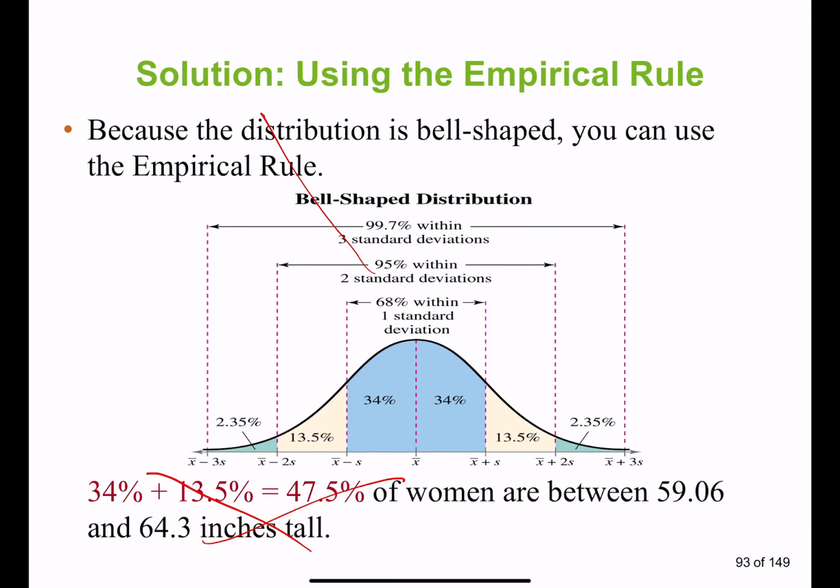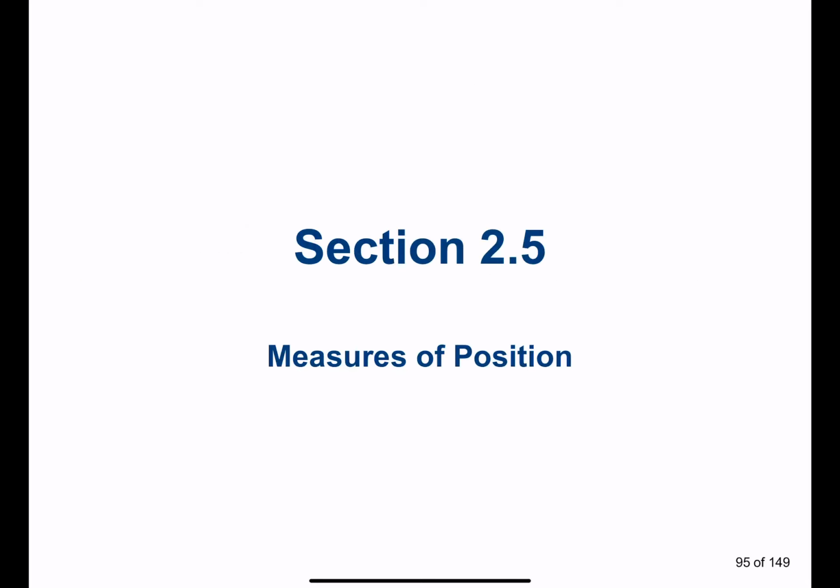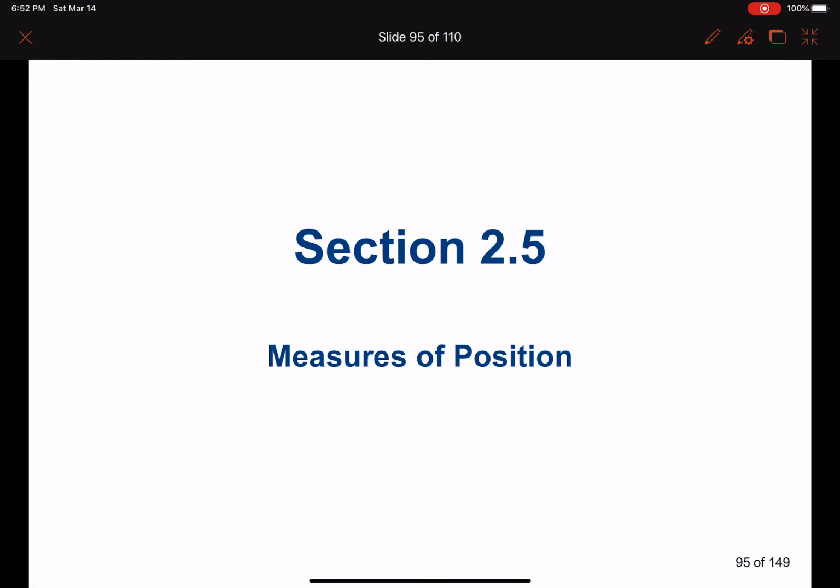So we don't need this because we already solved it. What is left? Just to summarize: we learned the range, variance and standard deviation of the population and sample mean, and we figured out the empirical theorem. All right, so we recorded 2.4 also.